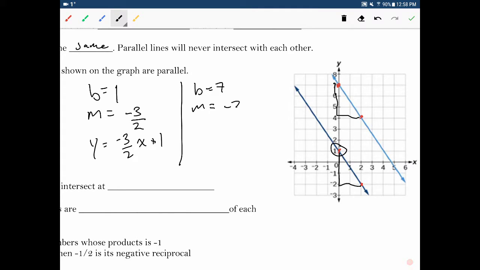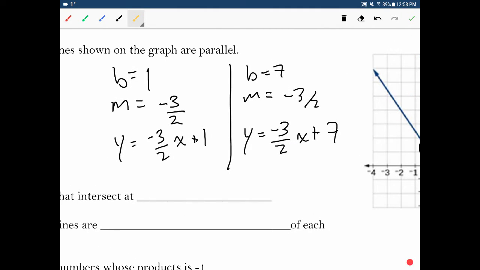So it is again -3 over 2. So now, moving forward, this will be enough information to show that these two lines are parallel. All right?